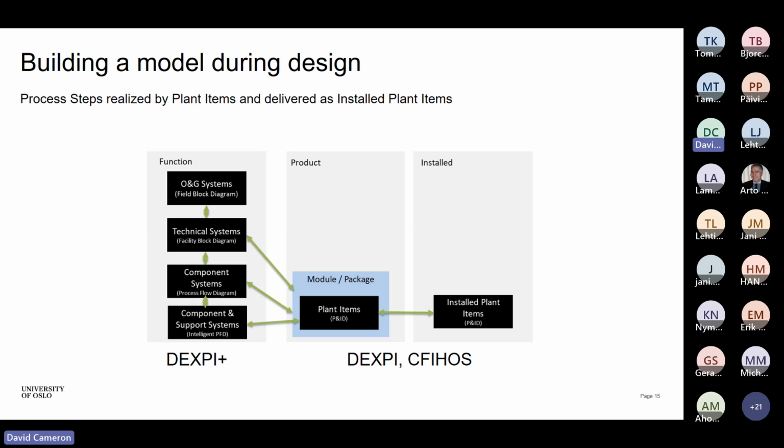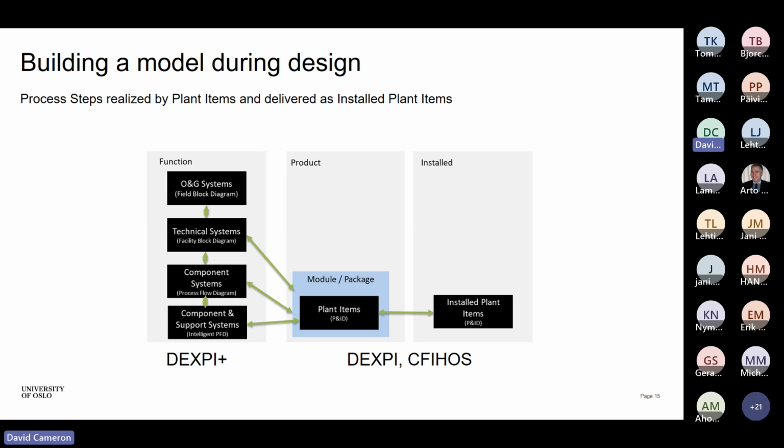And then you break it down further into component systems, saying that separation train has a gas liquid separator and a pumping system, and then so on building down, which you can then realize by a product model of artifacts, which can then be related to an installed plant model.